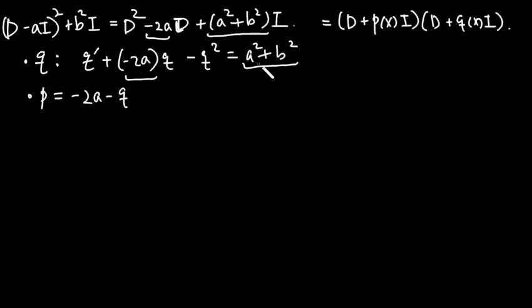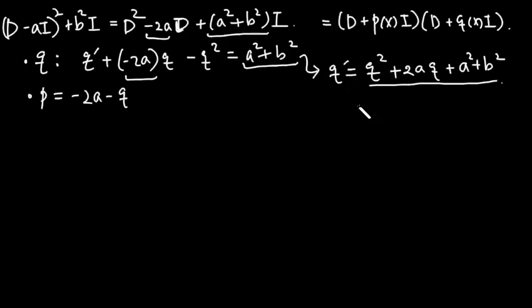Since a and b are constants, this gives us a nice separable equation. So let's separate this one here. That's q prime on one side. On the other side we have q squared plus 2a q plus a squared plus b squared. So that's a quadratic in q.